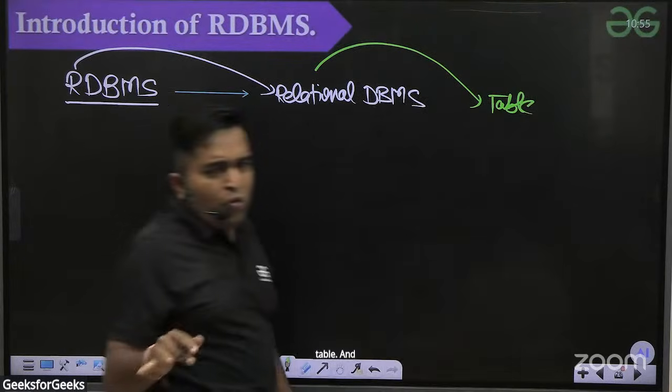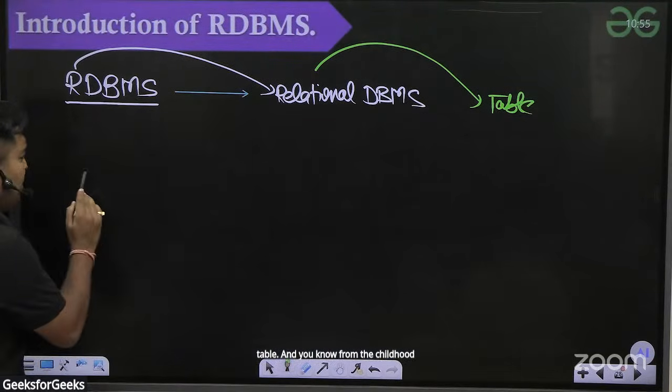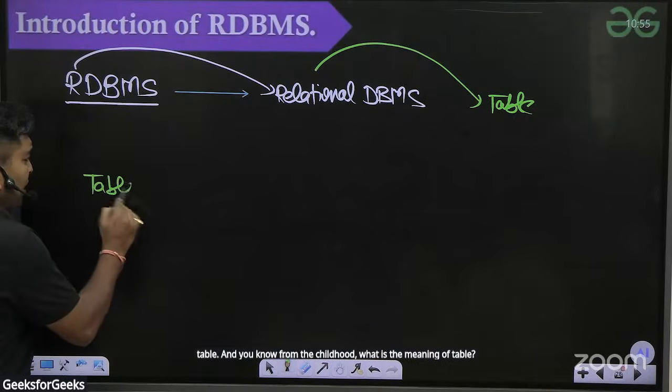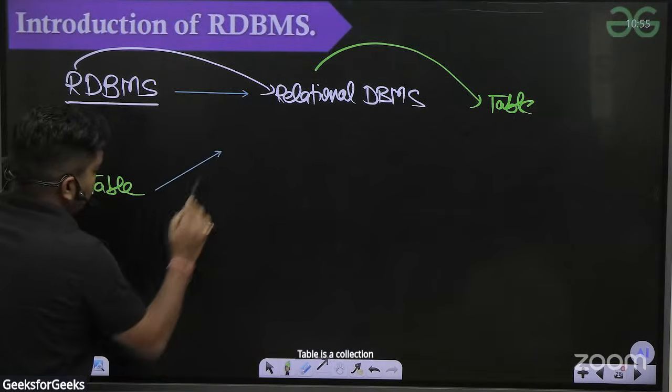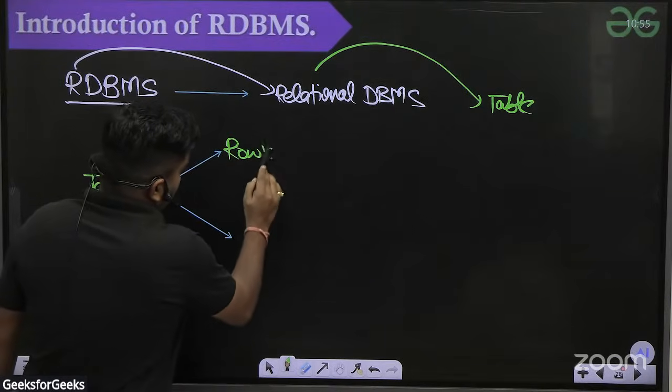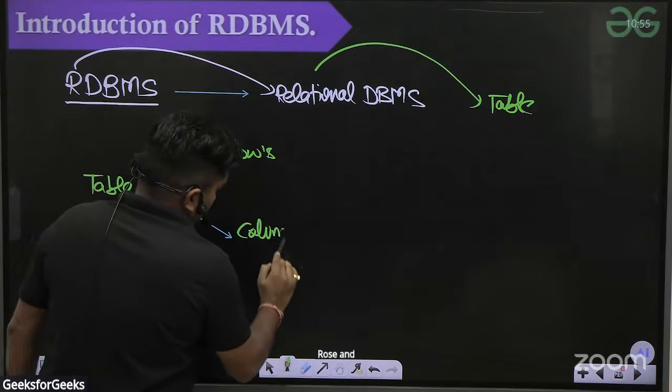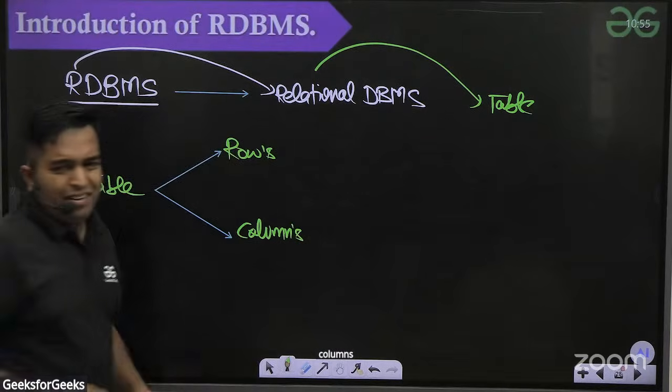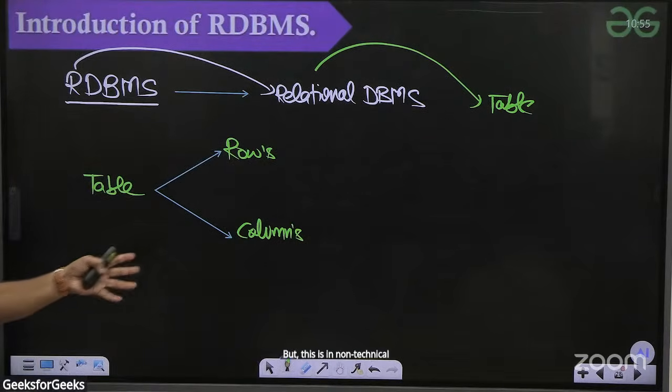And you know from childhood, what is the meaning of table? A table is a collection of rows and columns, but this is the non-technical manner.